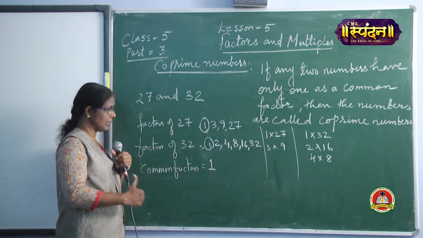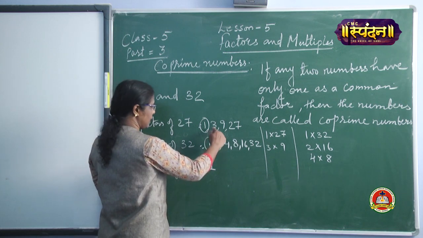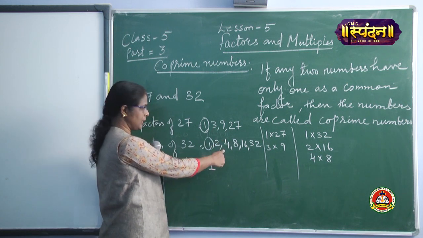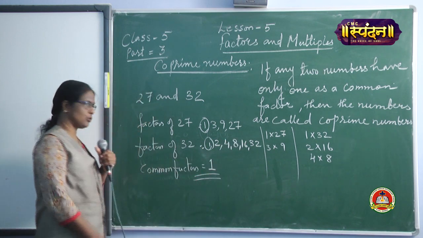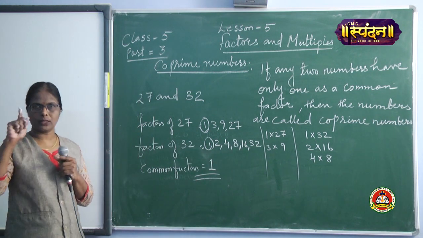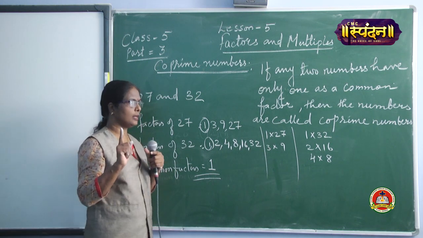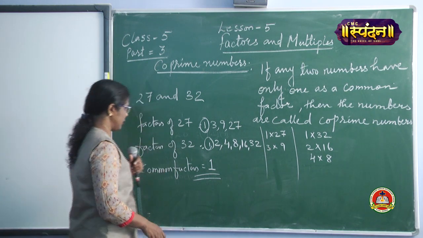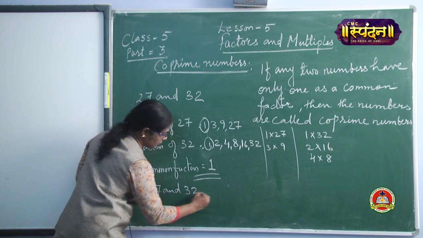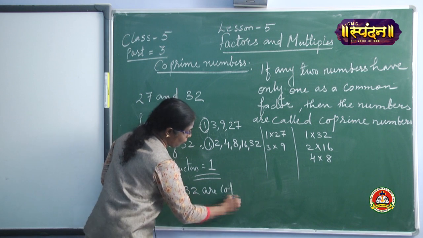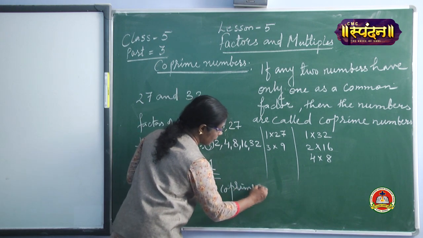No, we don't have any other number as a common factor because 3 is present here, we don't find 3 here, 2 is here, we don't find 2. So the common factor of 27 and 32 is only 1. So we can conclude that 27 and 32 are co-prime numbers.